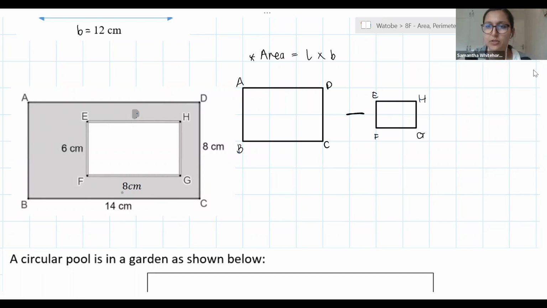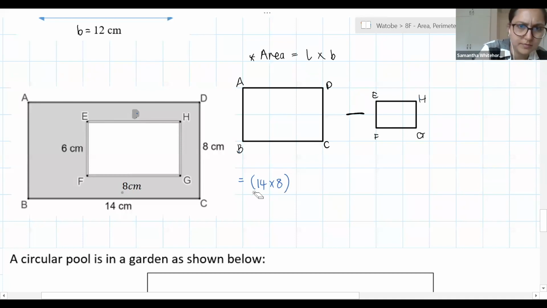Okay, Seatley, do you want to have a go? Ma'am, I said 14 times 8, which is equal to 112 centimeters squared. Perfect. Yes.